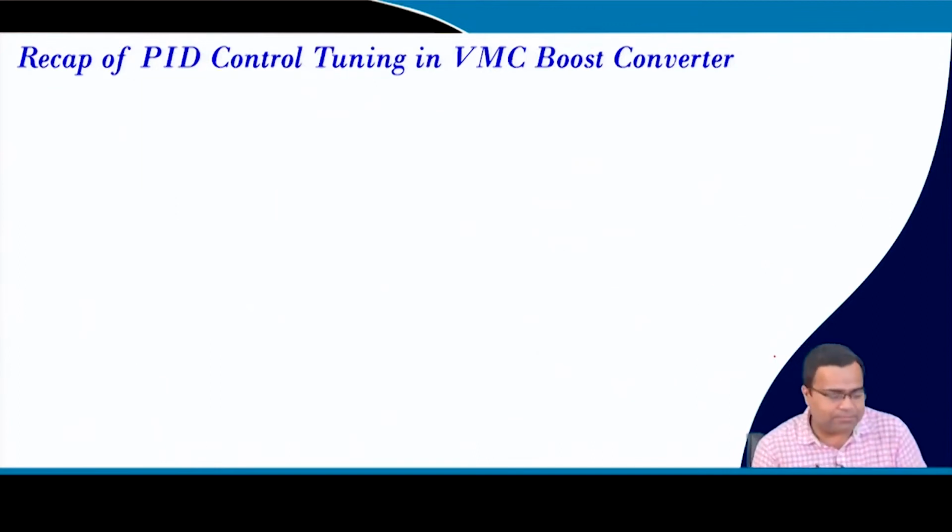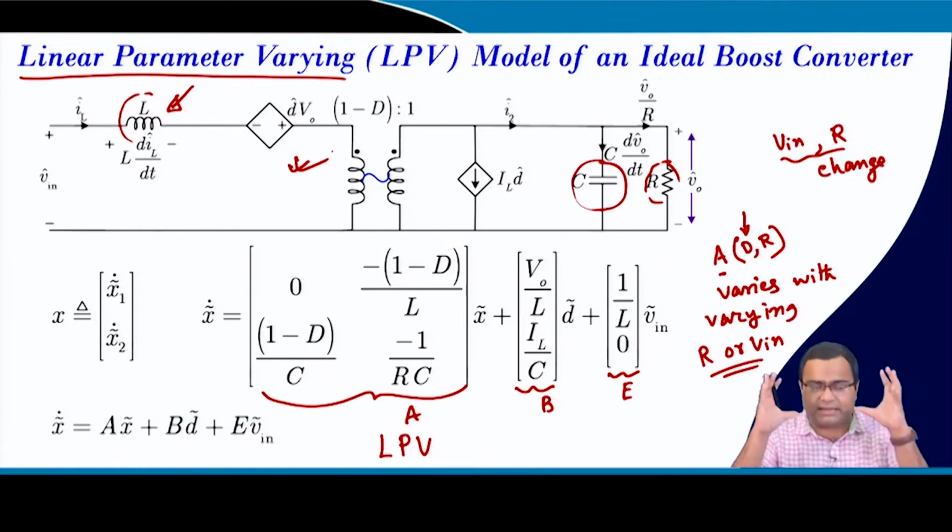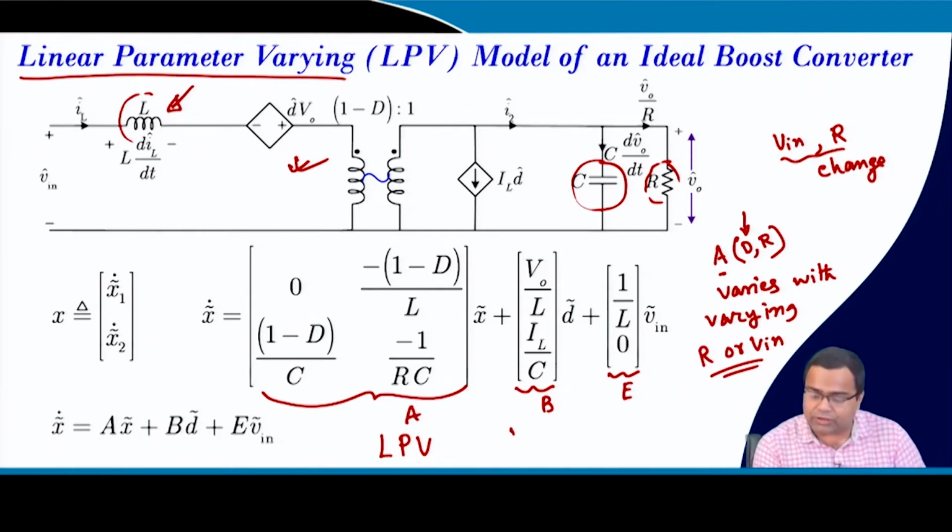Now, if we recap, once we have this linear model, this particular circuit, we can obtain various transfer functions. So, we can design a closed loop control of this boost converter either by voltage mode control that we have discussed, or we can design using current mode control, and we have also learned that current mode control has an alternative state feedback realization.